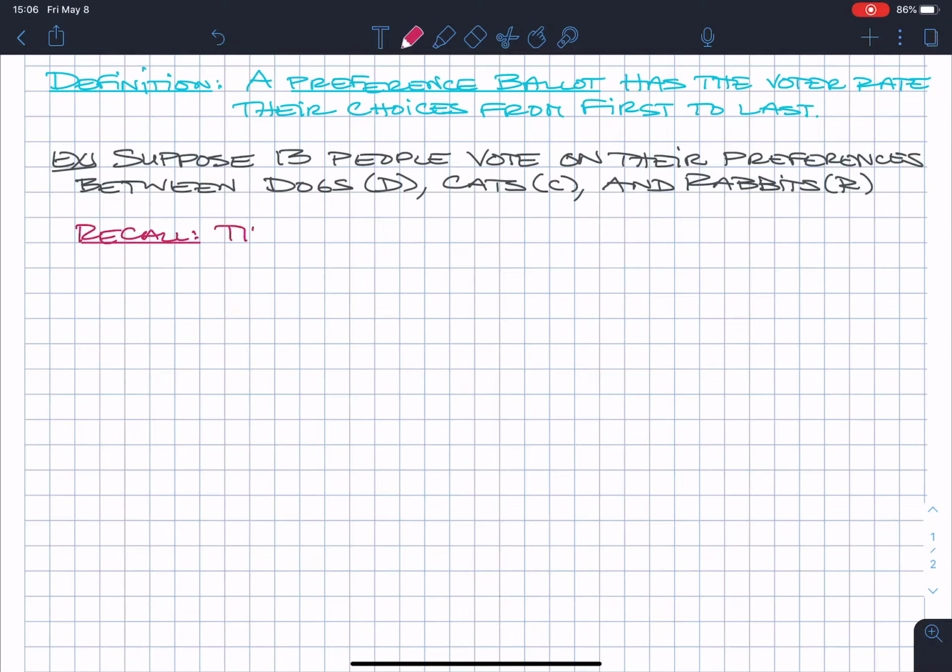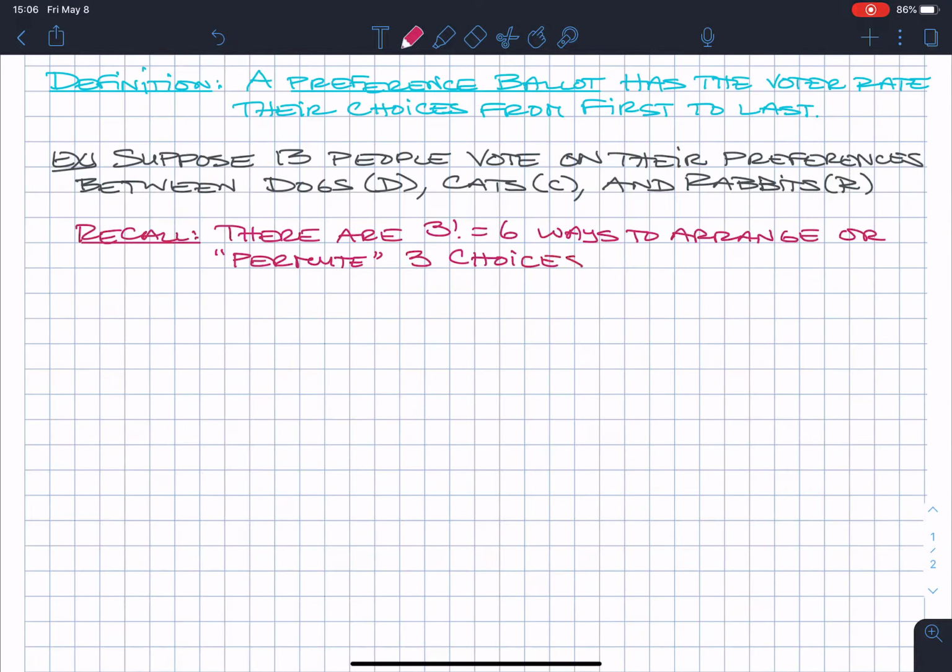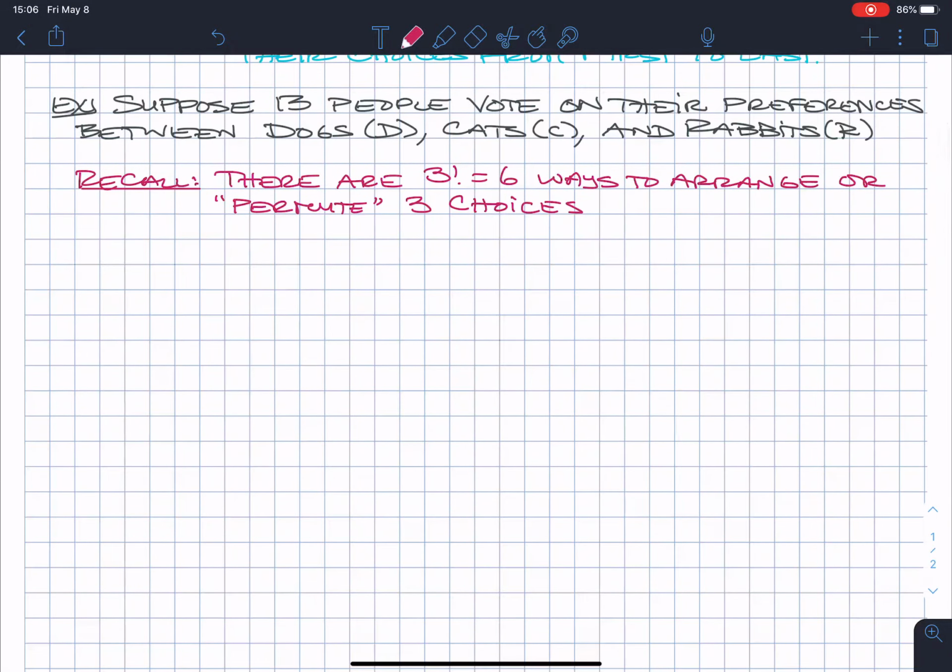There are 3 factorial equal to 6 ways to arrange or permute 3 choices. And that's what we have here. We have 3 choices. So let's see if we have 6 overall.